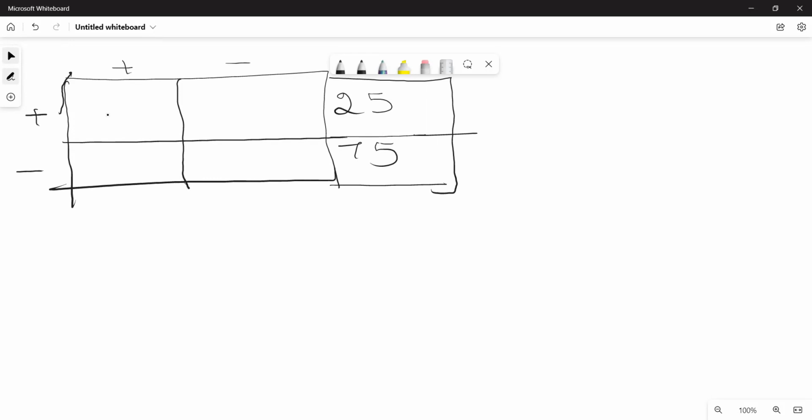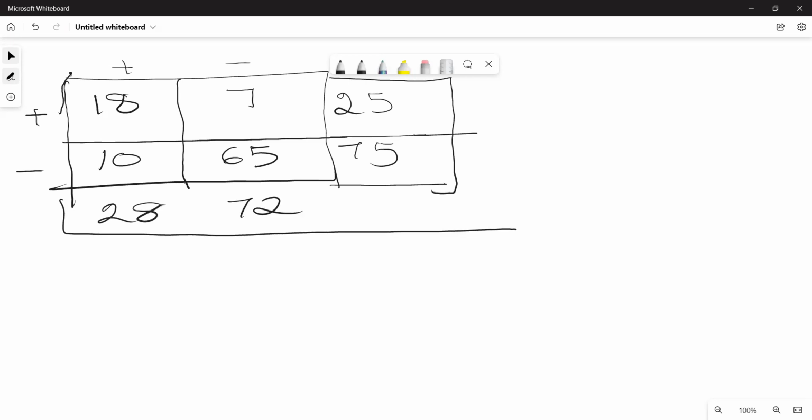Now out of which this is 18 and this is 7 and this is 60. How much was it? 65. And this is 10. So this is 28 and this is 72. And this number becomes 100. Okay, so this is the actual data. And this is the predicted data. So actual data is along the rows and predicted data is along the columns.